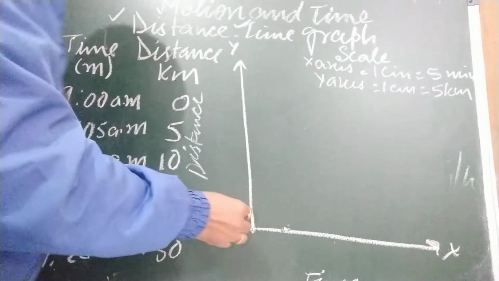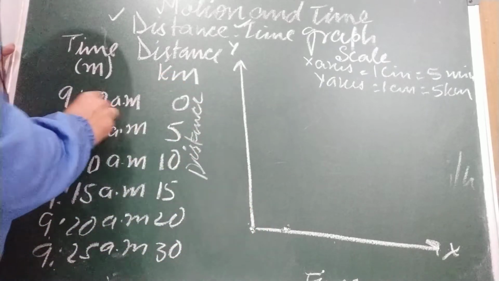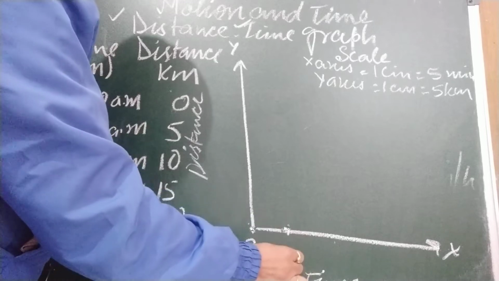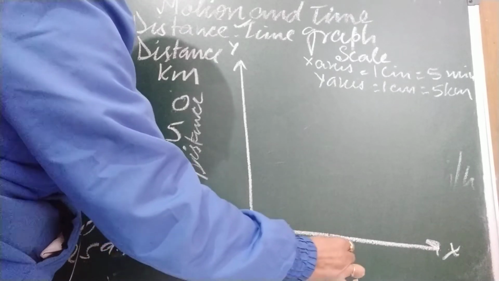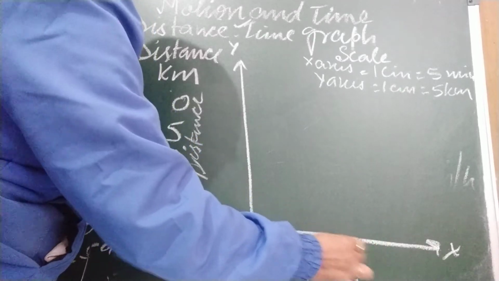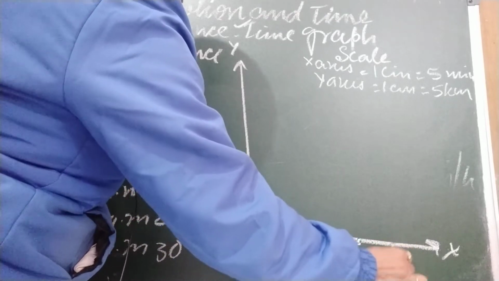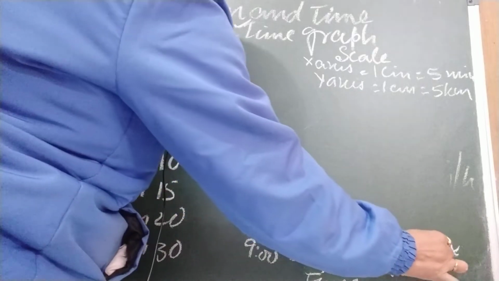Okay. Now we are going to write 0 for the time this side, 9 a.m., then 9:05, 9:10, 9:15, 9:20 and 9:25.